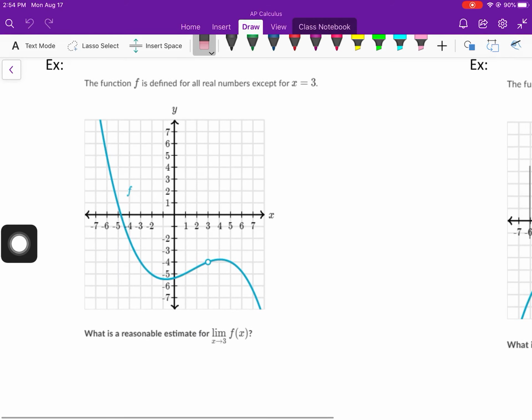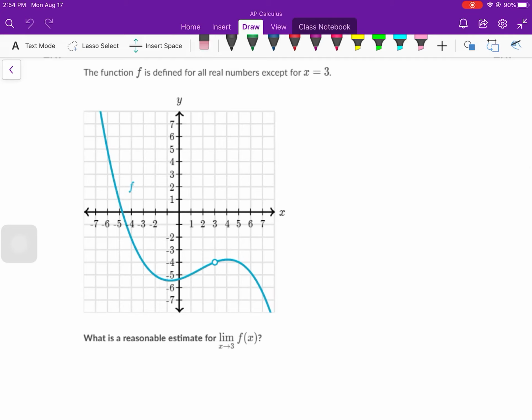So let's take a look at the graph here. So we have the limit as x approaches 3 of f of x. We're going to find what it equals. So here's our graph. It's defined everywhere except for when x is 3. Now notice they put a hole in the graph. This is called a removable discontinuity. We'll talk more about that later.